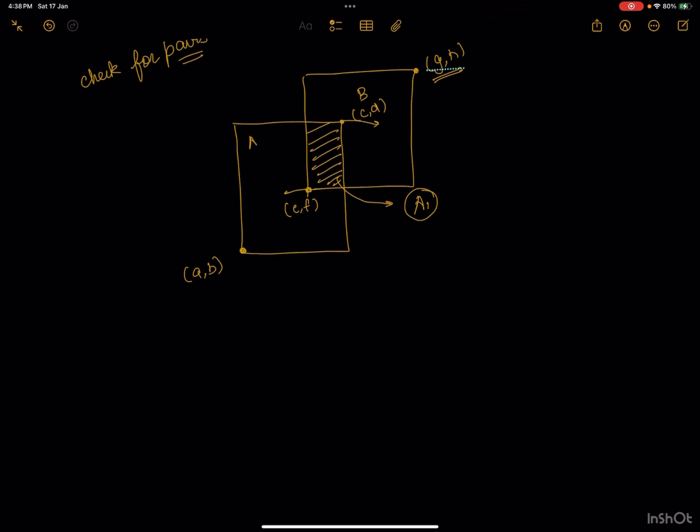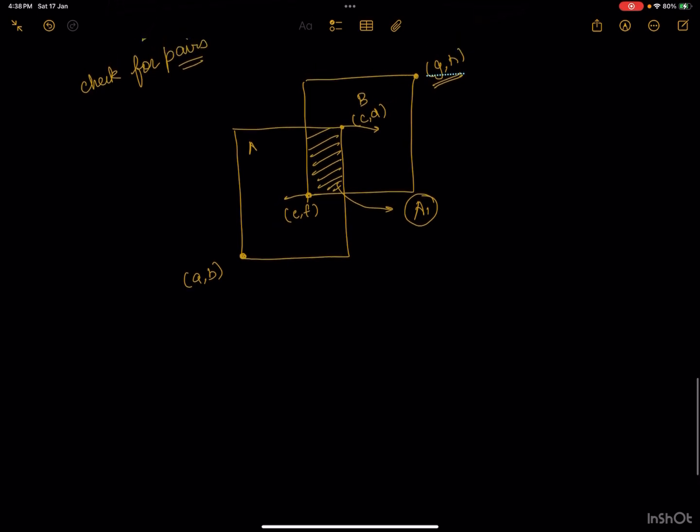So first of all, we know that this C comma D is the topmost point of A, and this G comma H is the top right point of B. So now, when we are finding the span of this A1 in the x direction, this would involve the x coordinates of C and G. So either it could be C or it could be G if it's intersecting.